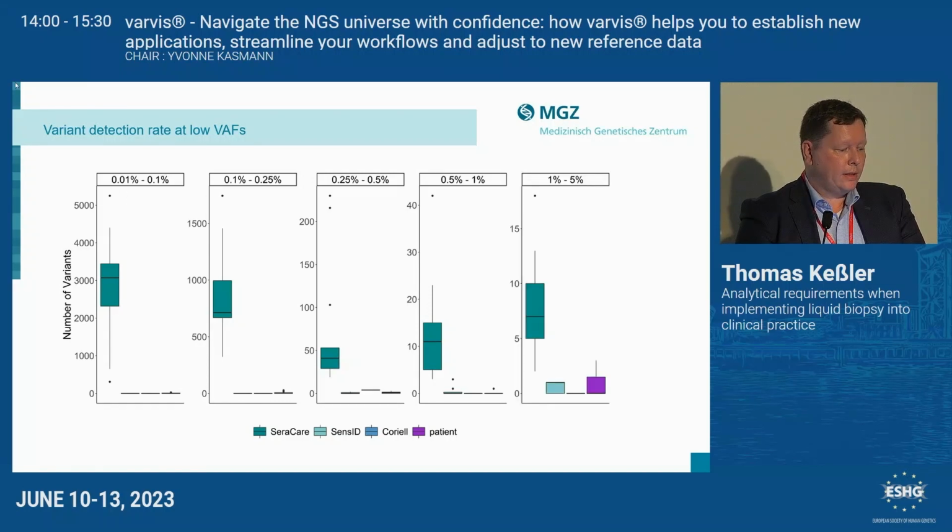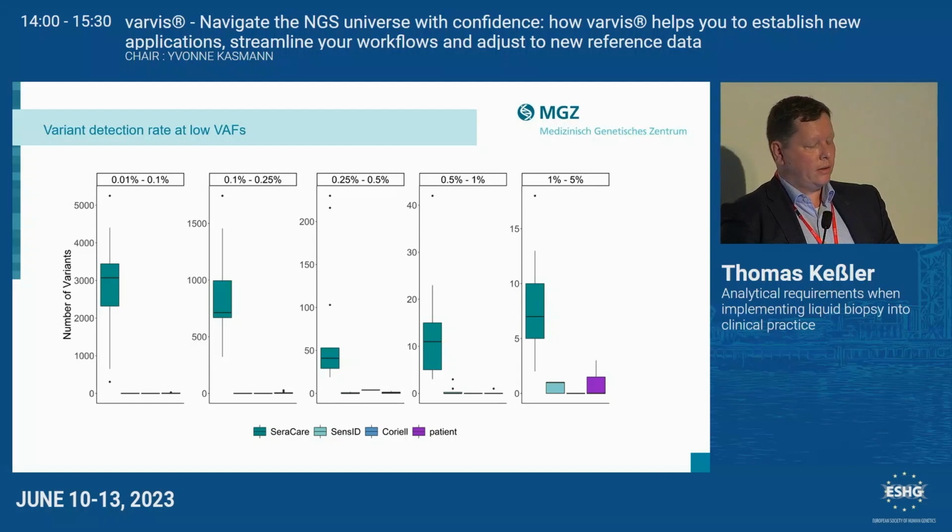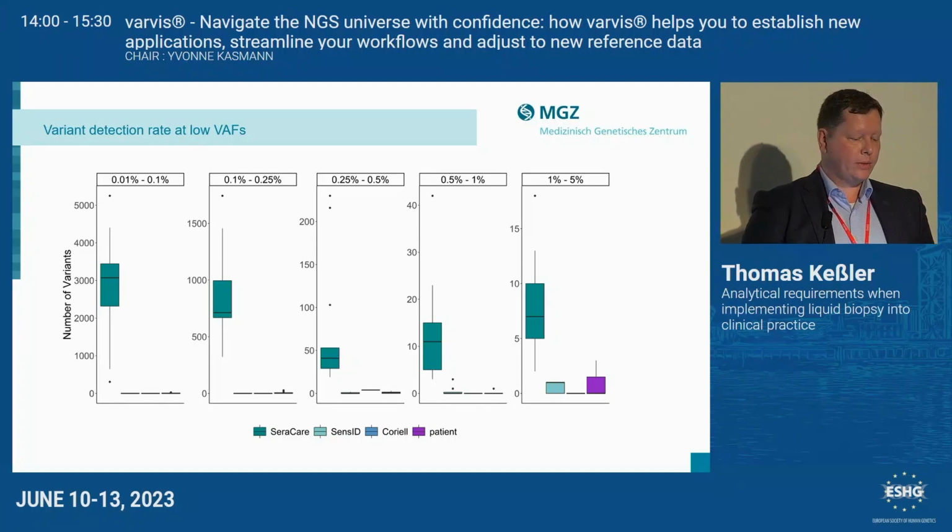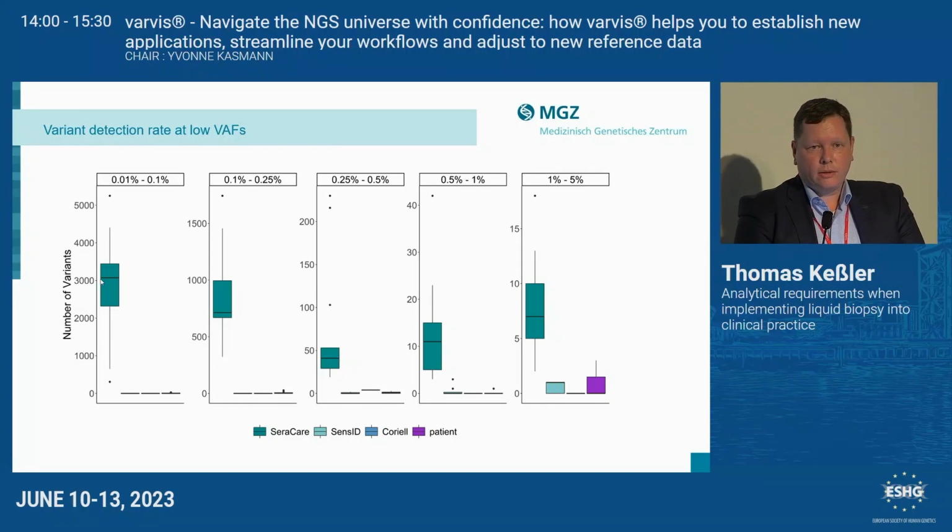And here you can see on the left-hand side a bin of very low allele frequencies, and you can see that in one reference material, the SeraCare variant material, we have a very, very high number of, in the median, 3,000 variants with a very, very low allele frequency. Such variants are also present with a higher allele frequency, and these variants would all not be present in the other tested reference materials.